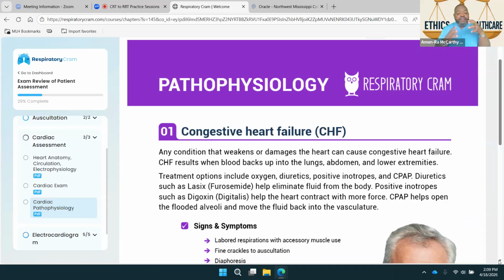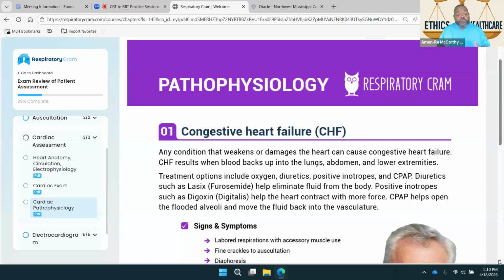Anytime you're having a depolarization, aka squeeze, aka systole issue, you probably need to give a positive inotropic agent. The one we use right now, the gold standard, is digoxin. That'll help push that stuff on through and clear your heart out as much as possible.